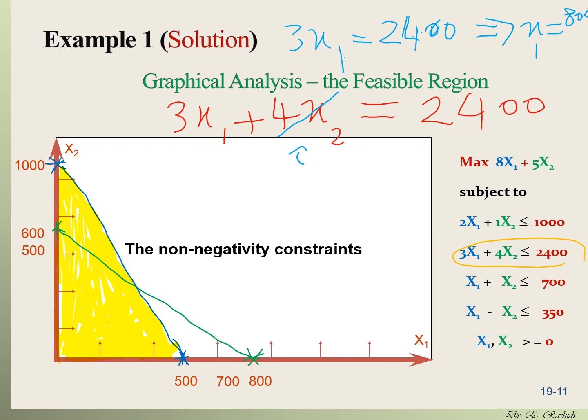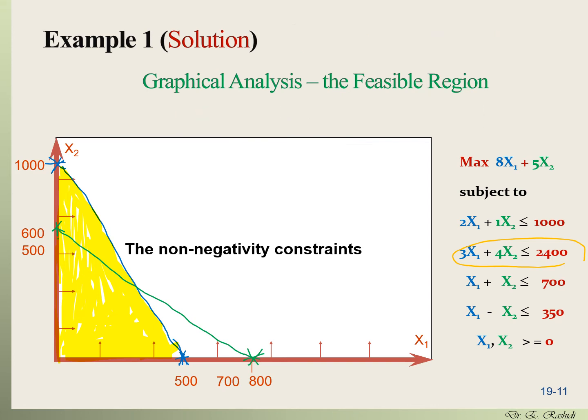So we have this constraint. Now we need to figure out which side of it, left side or right side, is the feasible space. I'm going to clear these steps that we used to draw the line, and we're going to do the same thing.